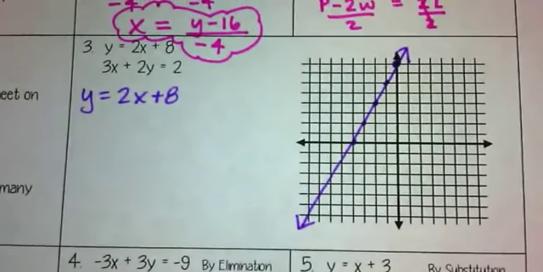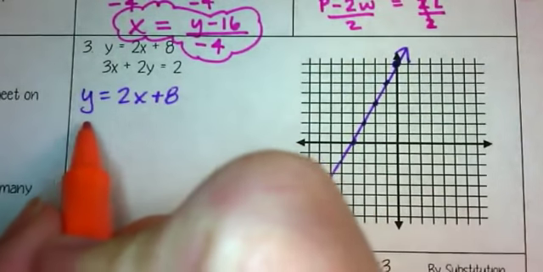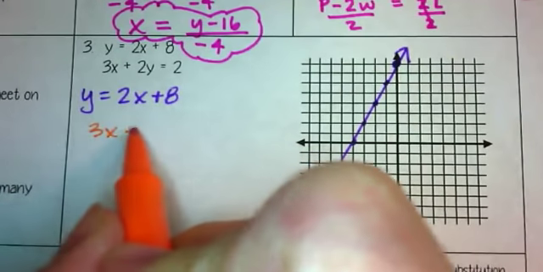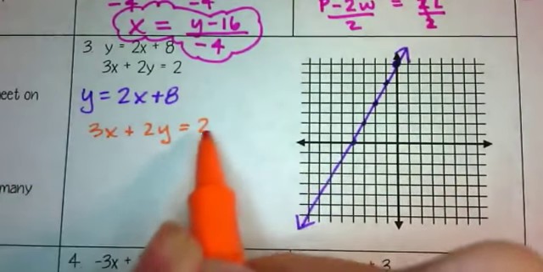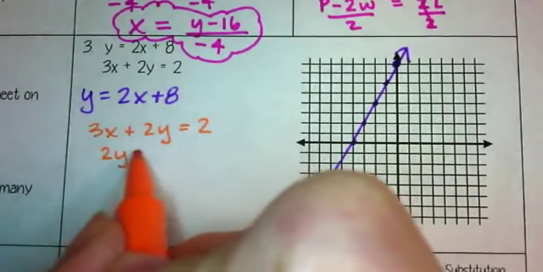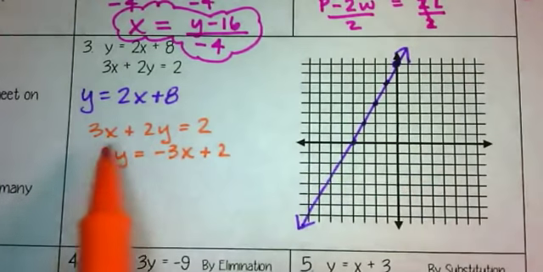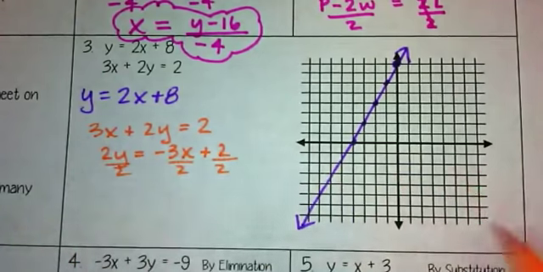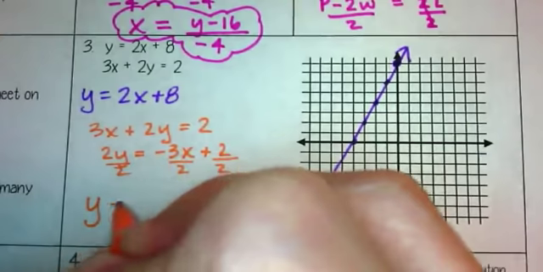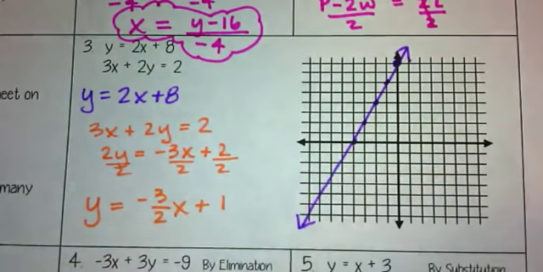All right, now I am going to do the second line, but I need to solve for y with the way that I want to graph with slope-intercept form. So I need to subtract 3x from both sides, and then divide everything by 2. So y equals negative 3/2 x plus 1.